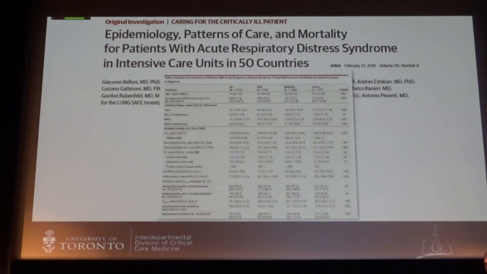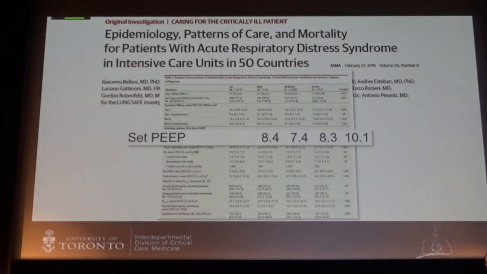More recent data from the LUNG SAFE study, I'll just blow this up a little bit here, show that on average, we're not using very high levels of PEEP, and so I don't think people are really trying, in a lot of cases, to recruit the lung with PEEP. Even in the severe ARDS category with a PF ratio less than 100, the average PEEP applied was only 10 centimeters of water.